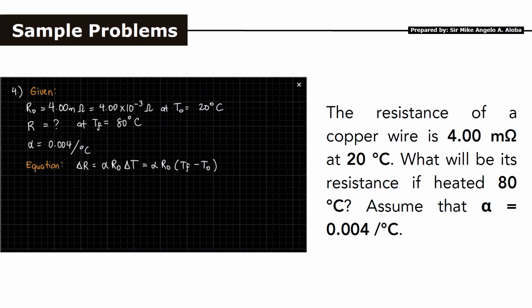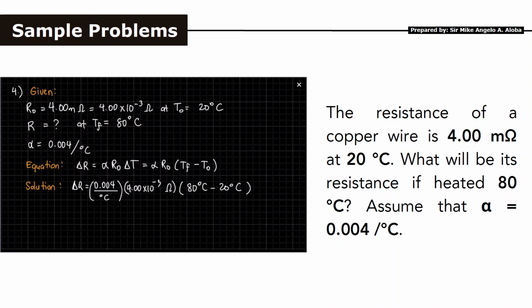We are looking for the final resistance at temperature 80 degrees Celsius. So we have here the related equation: delta R is equal to alpha times initial resistance times change in temperature. That change in temperature is equal to final temperature minus initial temperature.